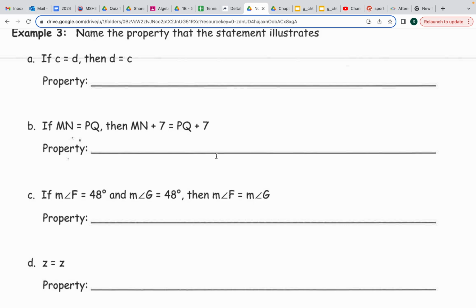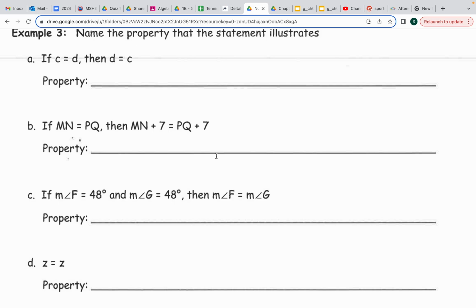Okay. What do we think? Who thinks they know what A is going to be? Not quite. This should be symmetric. Okay, symmetric property is A. All right. Who thinks they can tell me what B is?